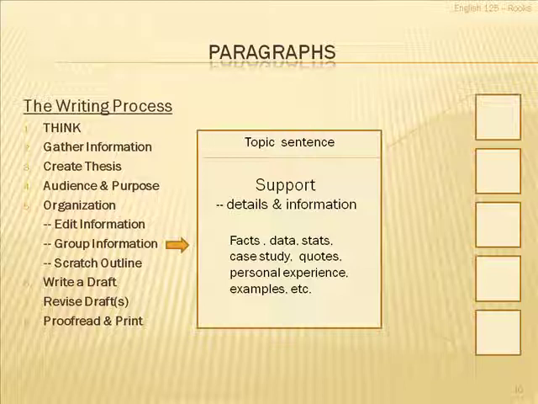Each group of related information will become a paragraph in your essay. In turn, each paragraph that you build then will become one of the paragraphs in the essay. And that's how they're built, and that's where they come from in the writing process that we've been learning.